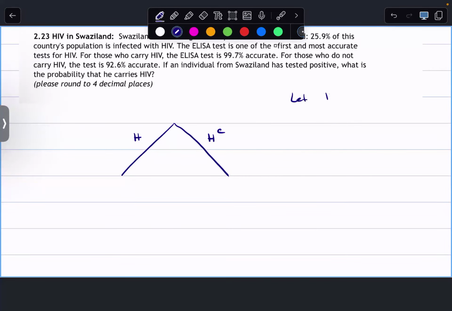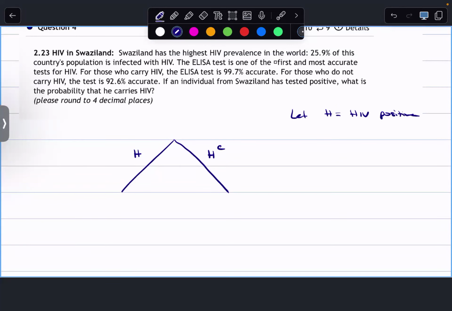Let H be HIV positive. It gets confusing because it can be HIV positive and then have a positive or negative test. And so let P be a positive test.